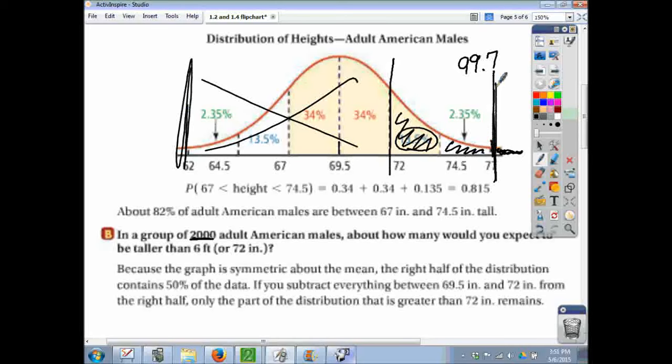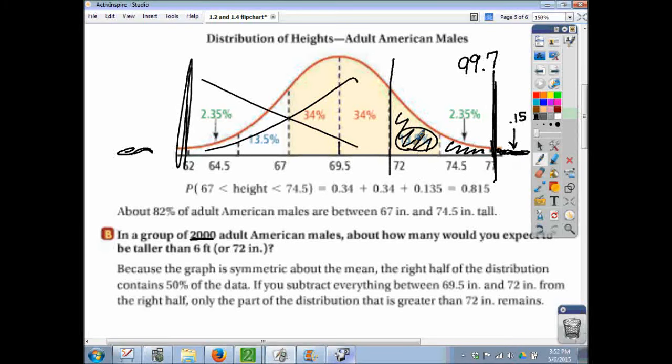So between here and here, we've covered 99.7% of the data. So that means outside of 3 standard deviations, this area out here and this area out here, those combined represent 0.3. So if you split that, this little area here would be 0.15.